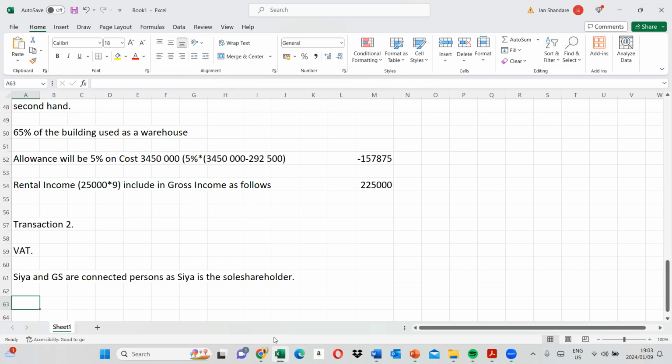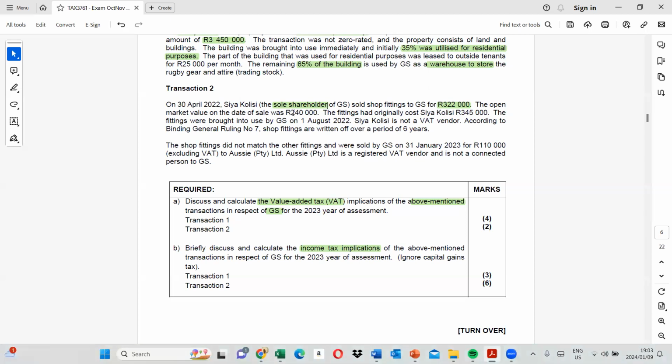So that would mean now, in terms of this, we need to look at some transactions to see what is happening. So we have now a connected person, all right? And then they sold now for 322, and the open market value on the date of sale is 240,000.